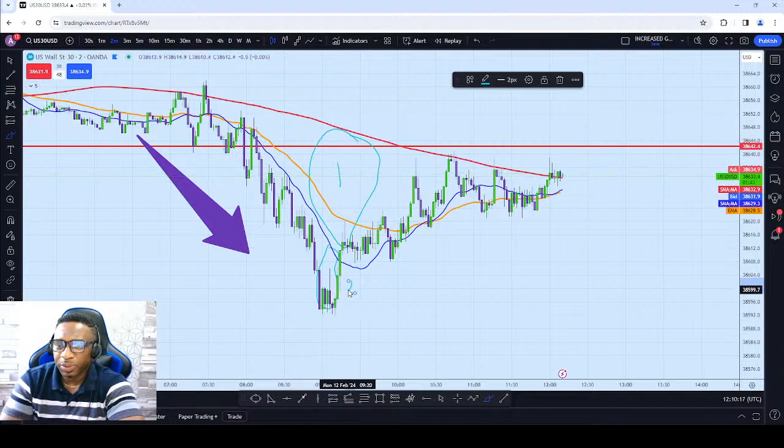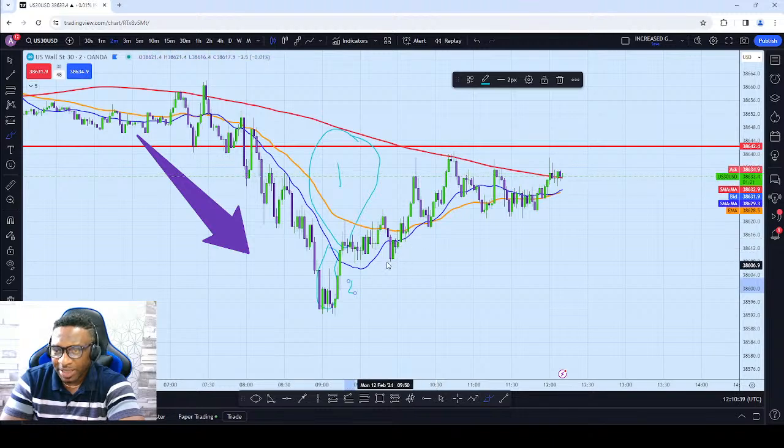the next thing you aim to look out for is price breaking above the 20 moving average. Notice how price was held up above the 20 moving average and then shot up.